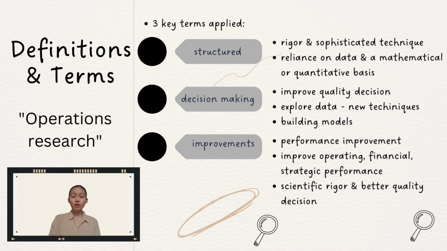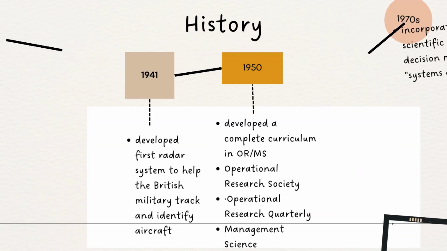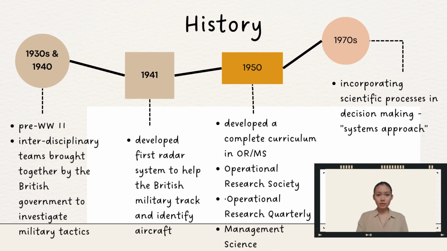The evaluation of OR scope is important for the healthcare industry and its future potential. In the 1930s and 1940s, OR disciplines can be traced back to pre-World War II. Several interdisciplinary teams were brought together by the British government to investigate military tactics by applying science.